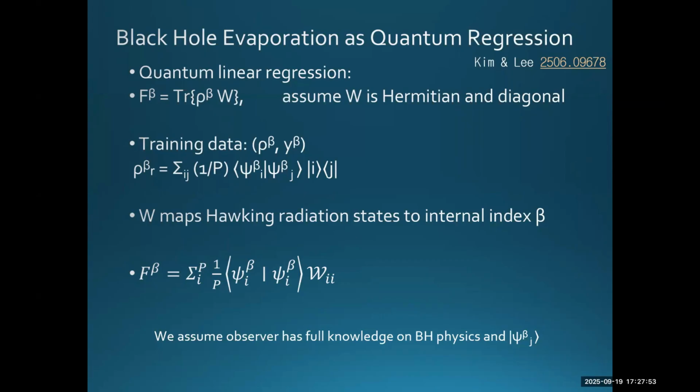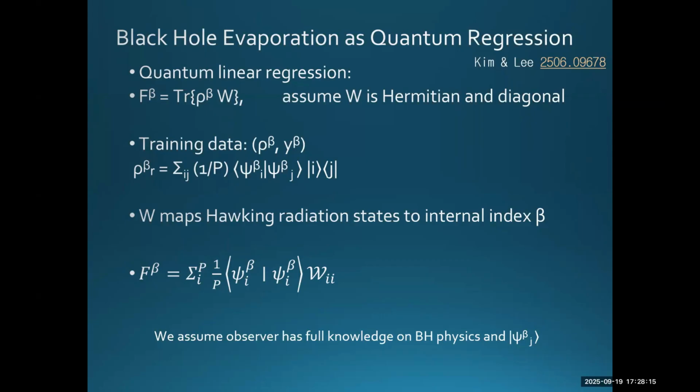So in a sense, beta plays a role like small x here, and we want to find this beta value, which represents the internal state of the black hole. We are considering a very specific case.